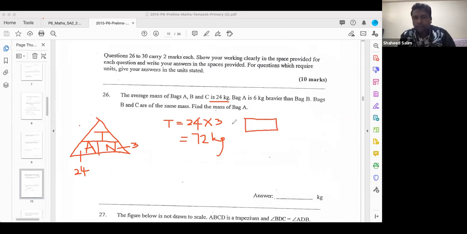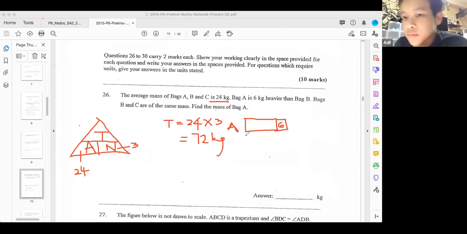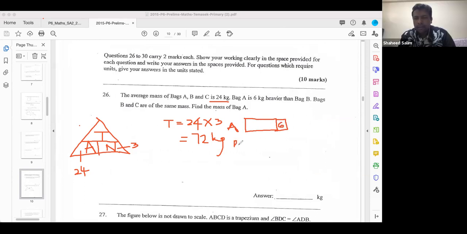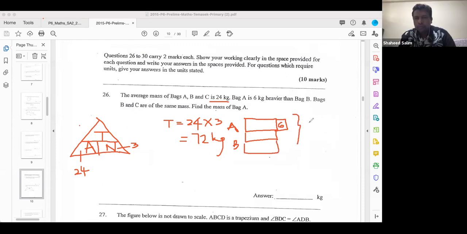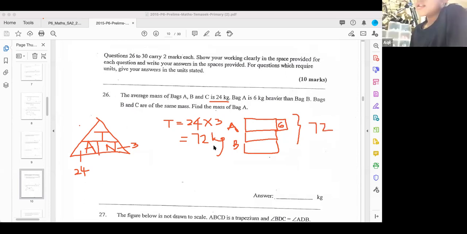Okay, so bag A is heavier than bag B down here. 6 kg heavier. Then bag B is here. Bag B and C are the same, right? So this whole thing is 72. Step 1, 72 minus 6, right?